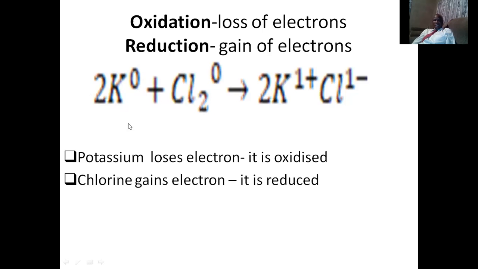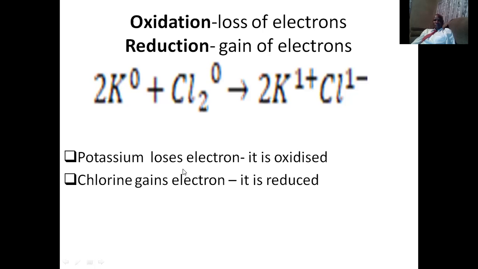And therefore, we notice that potassium, when it reacts with chlorine, loses an electron. And therefore, potassium is oxidized, while chlorine gains the electron which is lost by potassium. And therefore, we say chlorine has been reduced.